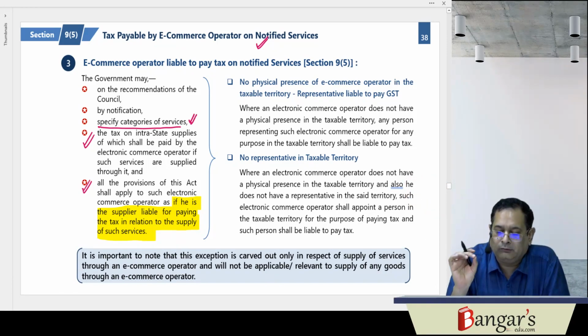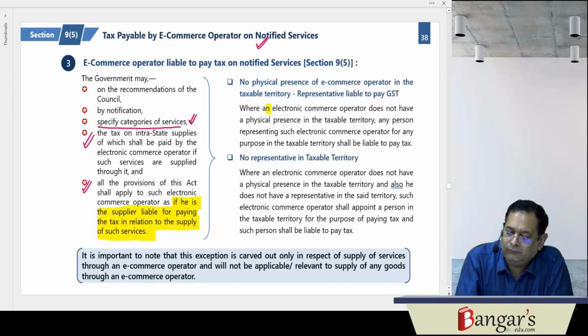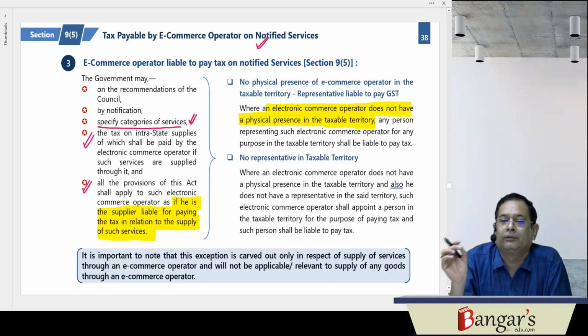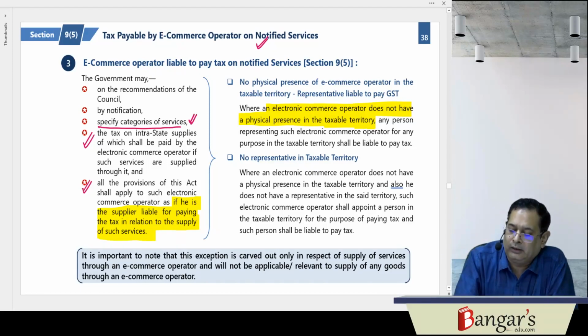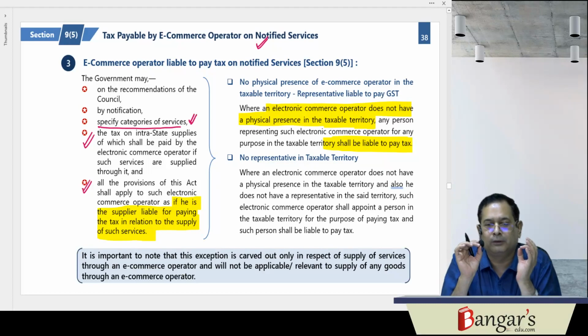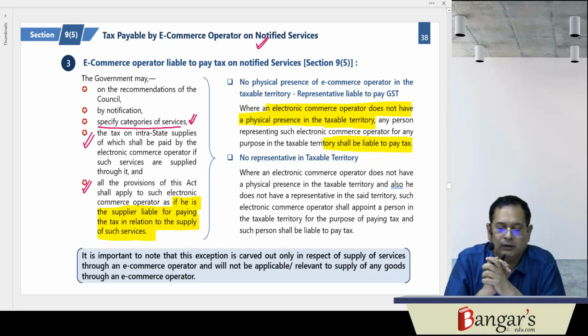Therefore, in case the e-commerce operator does not have a physical presence in the taxable territory, then any person representing such e-commerce operator for any purpose in the taxable territory shall be liable to pay the tax.